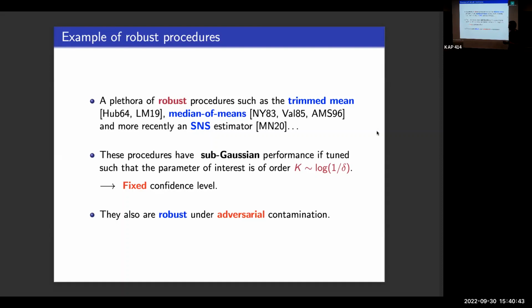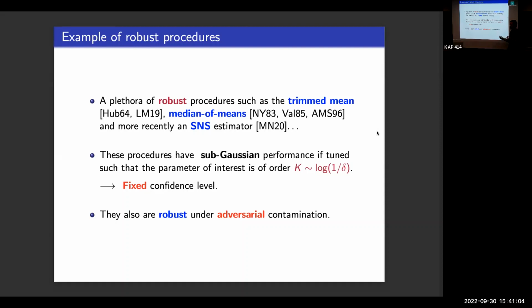So in other words, you have to specify the confidence level you're trying to reach. You say, I want this interval with probability 99% or 95%. And once you specify this level, you can construct your procedure that achieves exactly this confidence level. Meaning that if you change your confidence level, you will probably have to compute your procedure again.